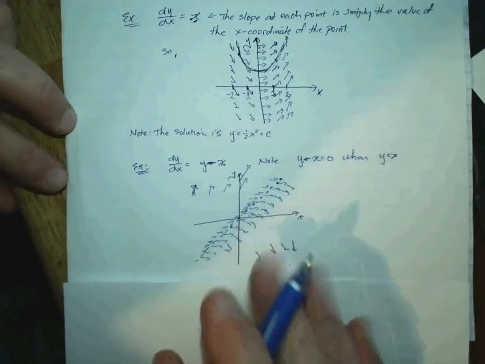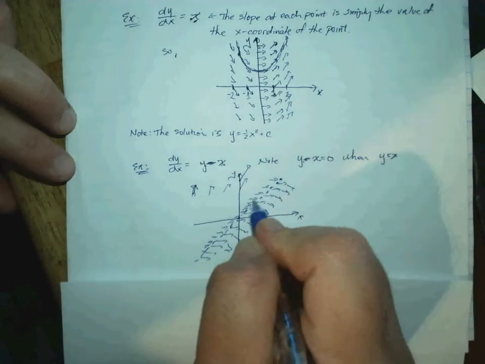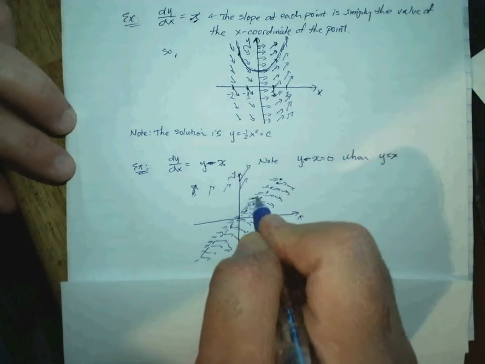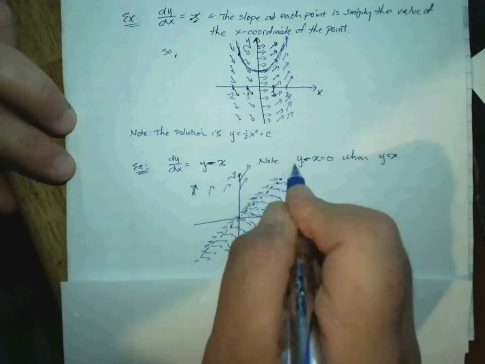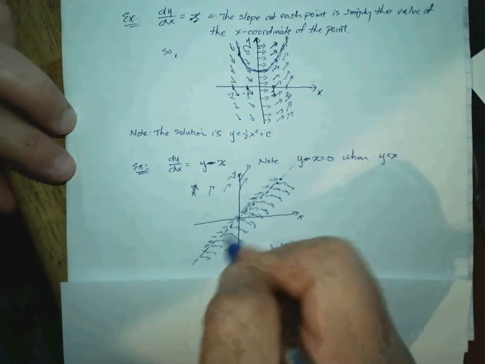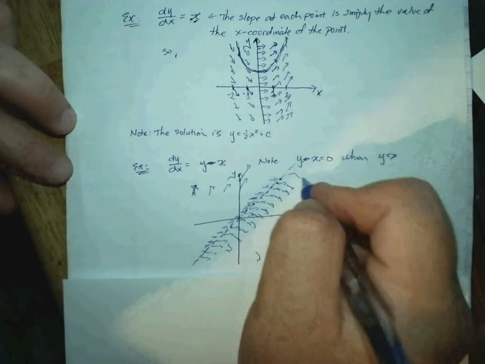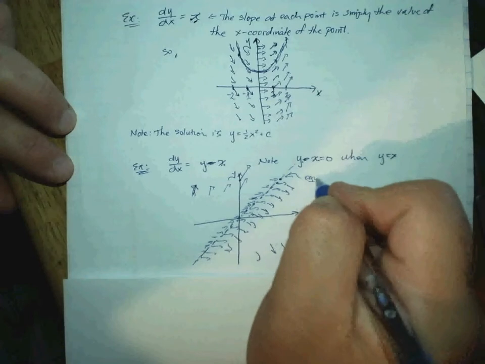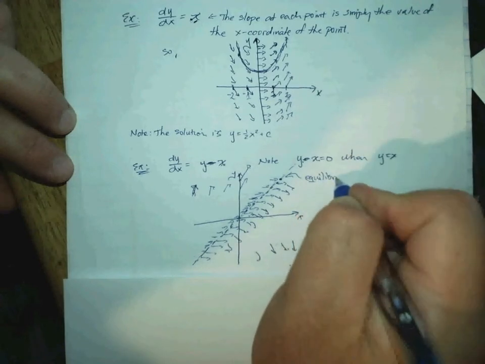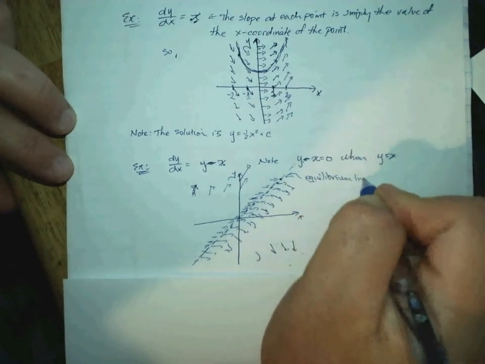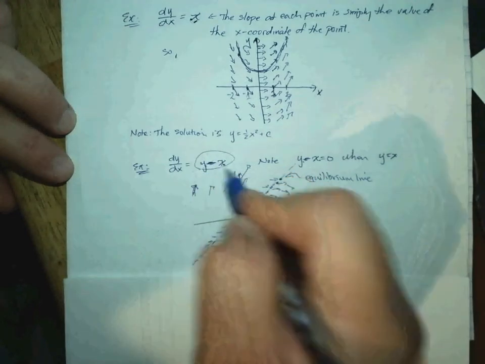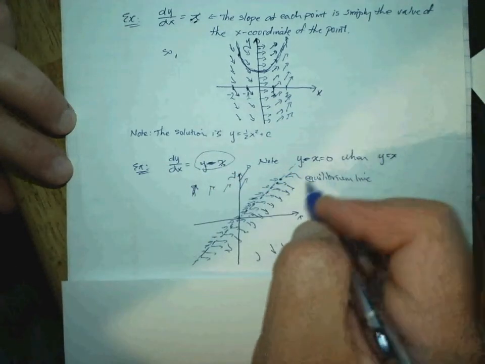Now the interesting thing is, when these are slightly up, they're actually driving us toward this line, and this line then becomes an equilibrium line. That, again, is simply where y minus x is equal to 0.